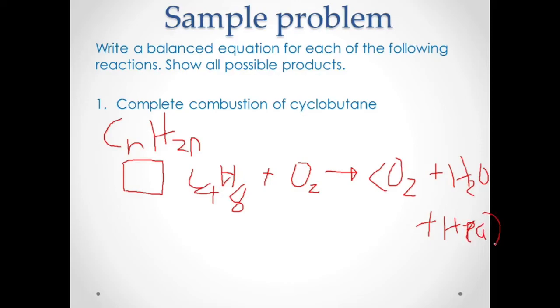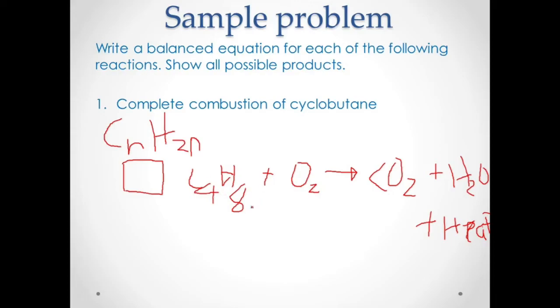So the problem now is how you're going to balance your chemical equation. Okay, so what did you learn about balancing combustion of alkanes? First, you balance the carbon, followed by the hydrogen, and last is your oxygen.